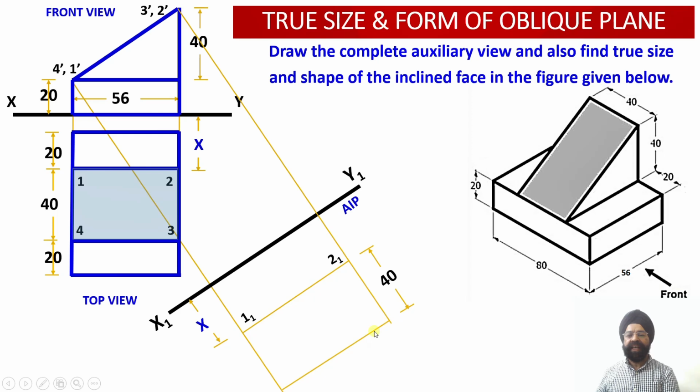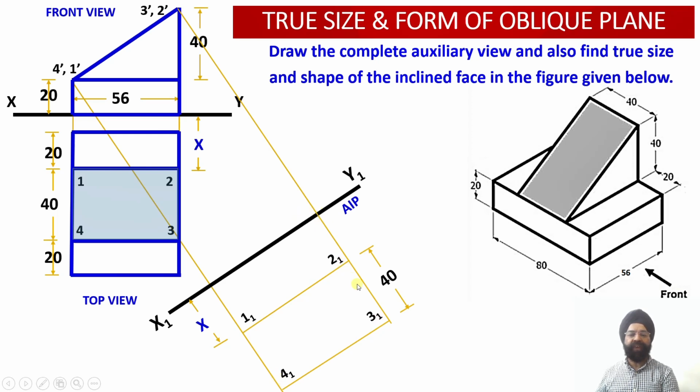After marking this, another projection line parallel to X1Y1, or 1₁2₁, will be drawn. Now why have we drawn a parallel line? Because the distance of point 4 from the vertical plane and the distance of point 3 from the vertical plane happen to be equal. So once we have marked this distance X, now we are going to mark another 40 millimeter depth ahead of this distance X, so that we can obtain the points 3₁ and 4₁ over here.